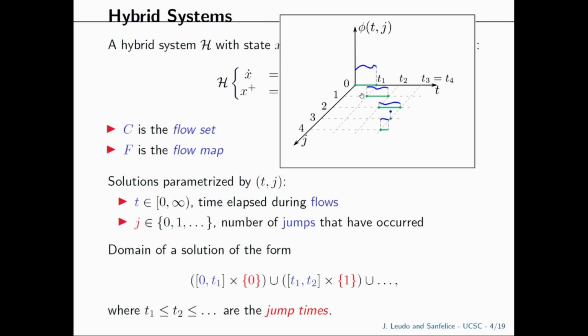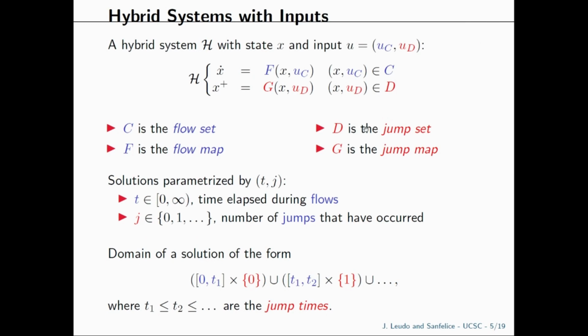The continuous evolution denotes increments in the ordinary time, and whenever a discrete event occurs, the discrete time will increase. We are interested in the case in which this system is modified by inputs. So the differential equation depends on an input u_C, and the difference equation depends on an input u_D, defining a hybrid system with inputs.